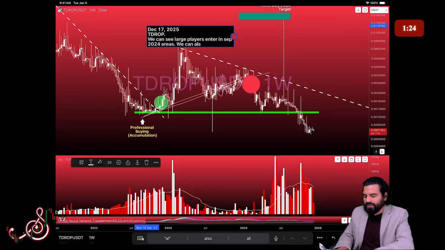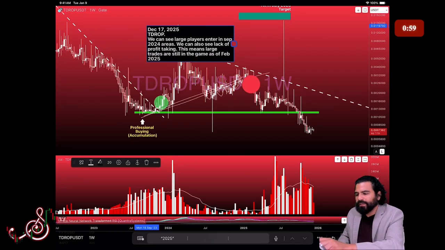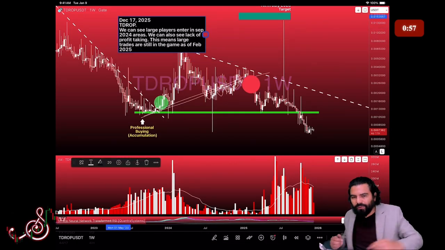We can also see lack of profit taking. This means large traders are still in the game as of February 2025. Okay, all right. So we've got to be aware if they get out.